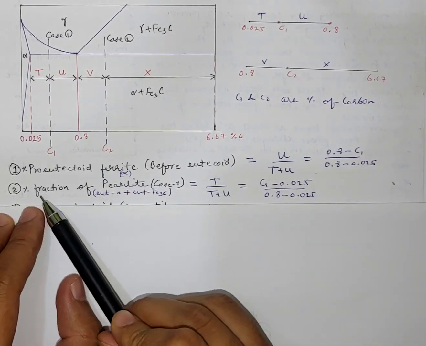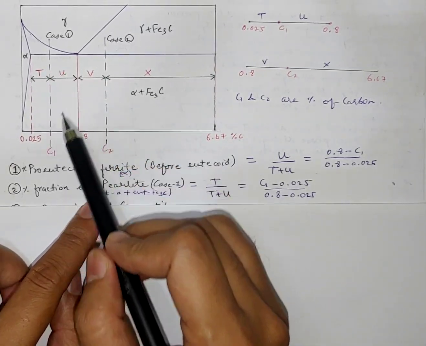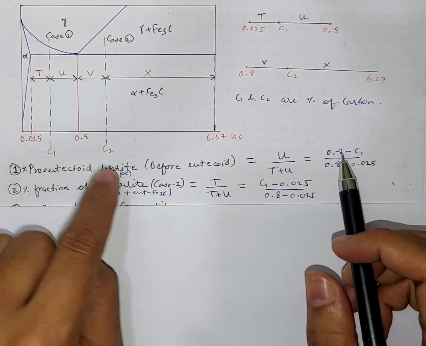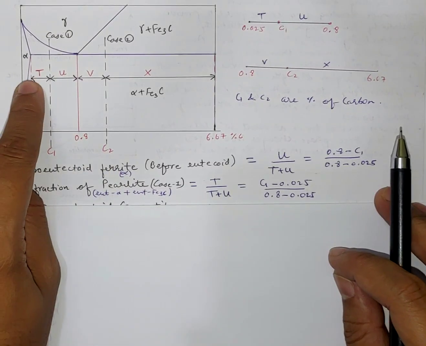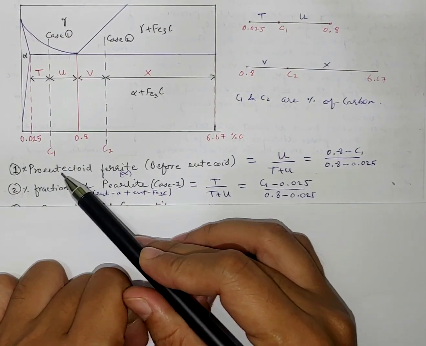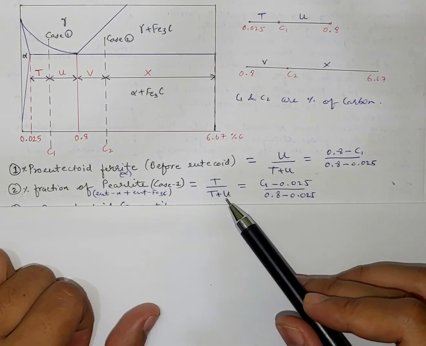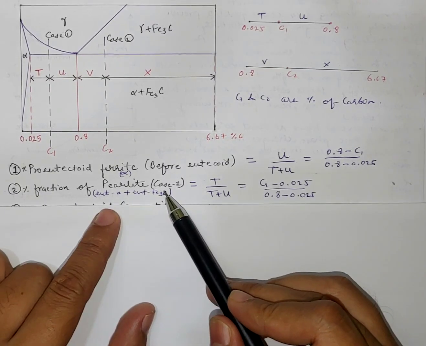And for the percentage fraction of pearlite in case 1, what percentage of pearlite is present in this region, we simply calculate T upon T plus U. So U divided by the total length will give you proeutectoid alpha ferrite, and T divided by T plus U, the total length, will give you the percentage fraction of pearlite in case 1.